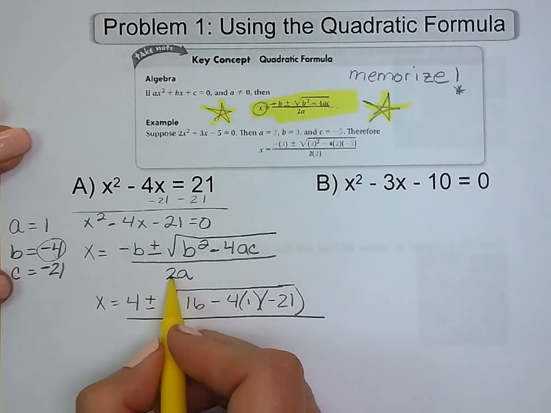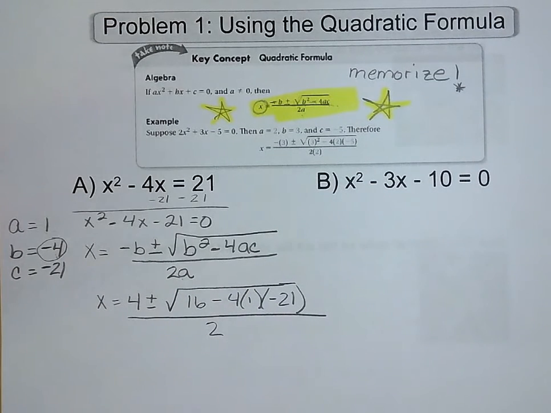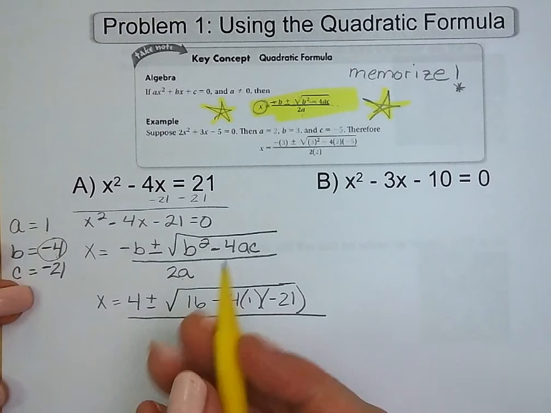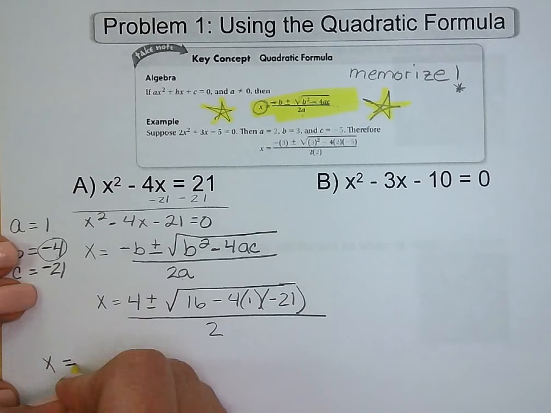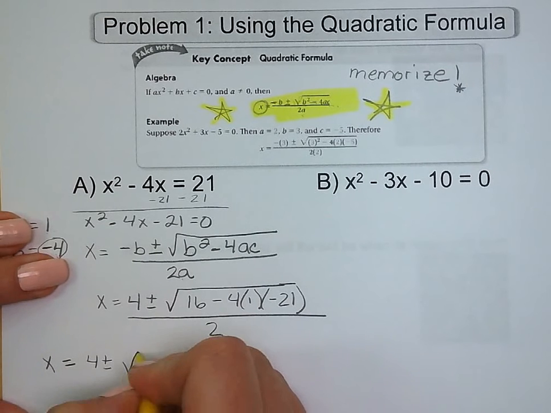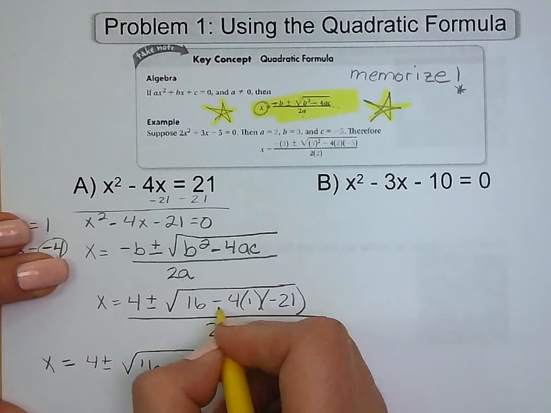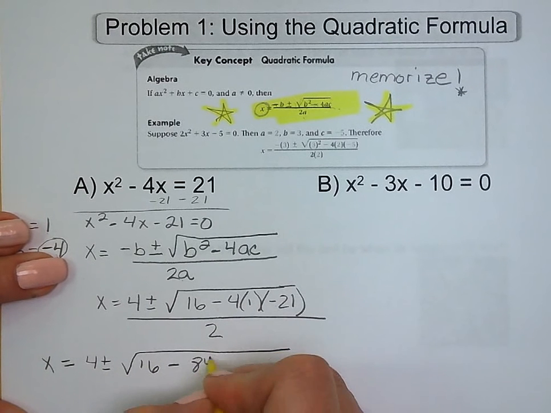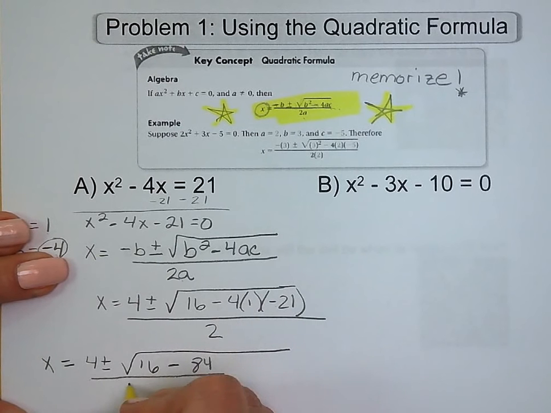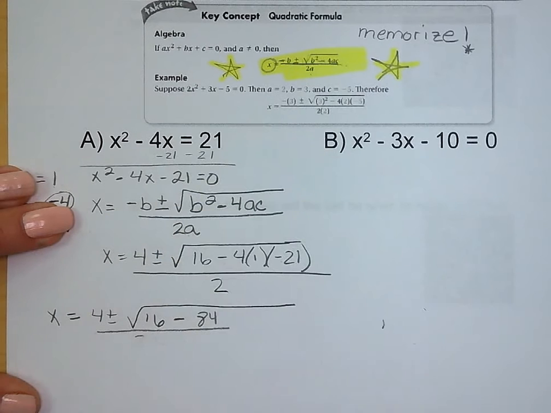All divided by 2 times a, which is just 2. So now we have 4 times 1 times negative 21 is negative 84. So we rewrite 4 plus or minus the square root of 16 minus negative 84, over 2.